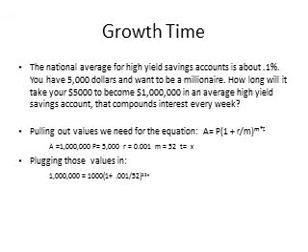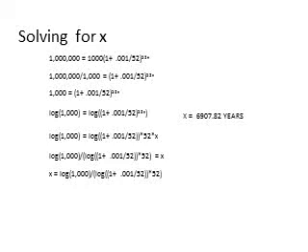The first step will be simplifying whatever we can. So, again, we have 1 million equals 1,000 times 1 plus 0.001 over 52 raised to the 52x.